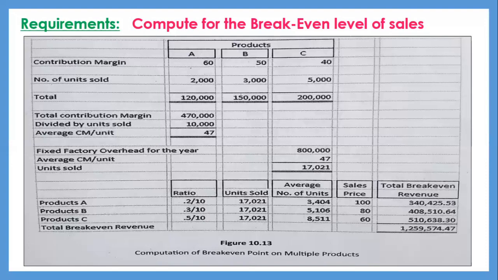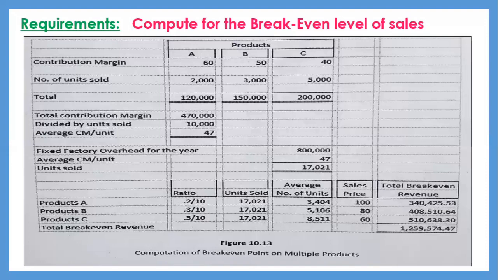So that's the number of units sold, 17,021 units. And again, since we have already calculated the average CM per unit and the number of units sold, we are now able to compute the break-even level of sales for each product.